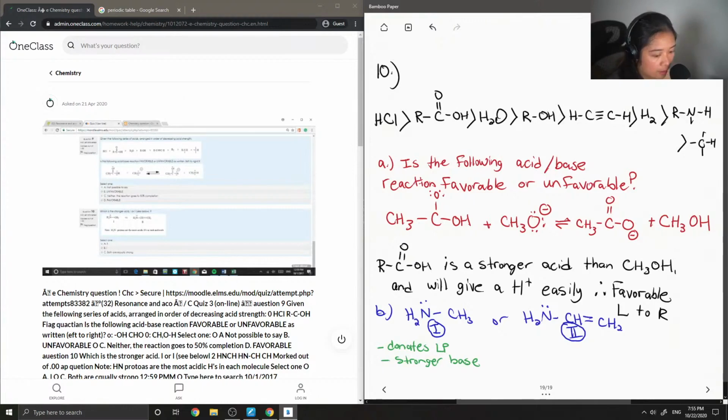And then if we look at option number 2, there's also a lone pair, but you'll notice that it is in resonance with this double bond. So you can tell something's in resonance when it has a single bond in between the two. So I'm just going to write down that this lone pair is in resonance with the double bond.